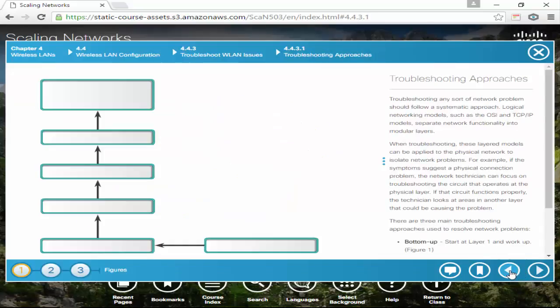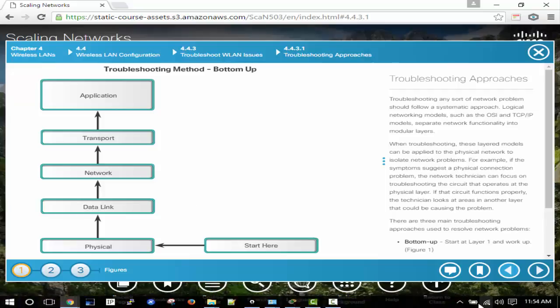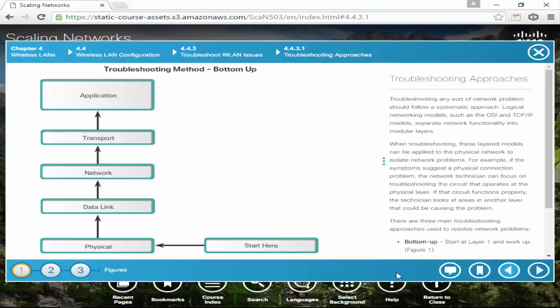if we're not connecting? Alright, so if I was starting at the bottom, I would say, hey, can I see wireless? Do I have a wireless card in here? Is my computer on? That's probably some good questions. Then I'd go to the data link. Do I have the drivers, right? Because remember, part of that data link is going to hand off to there.